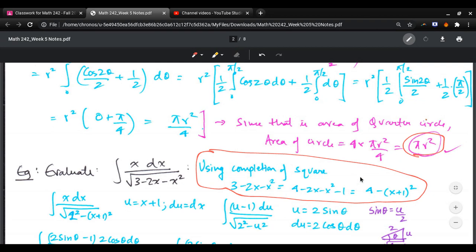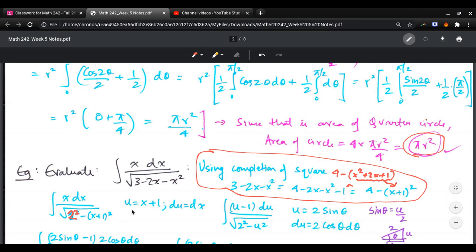And then maybe let's write another step here: 4 minus x squared plus 2x plus 1. And this x squared plus 2x plus 1 is nothing but x plus 1 whole squared. So I can rewrite this entire thing as 2 squared minus x plus 1 squared.